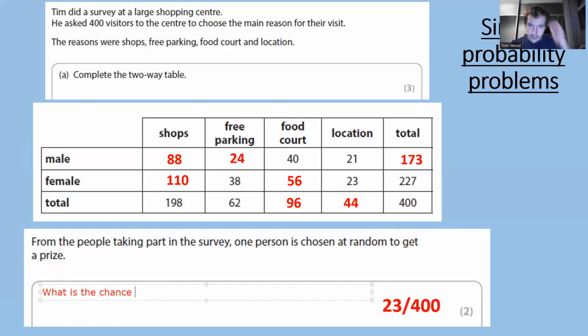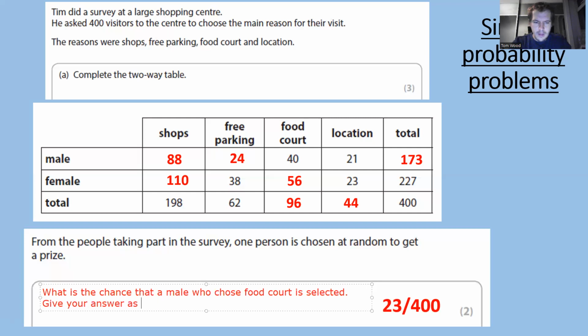So what is the chance that a male who chose food court is selected? And then to aid even further, give your answer as a fraction in its simplest form. So hopefully that helps a little bit further.